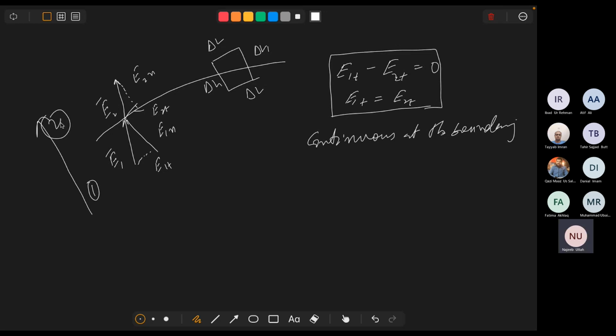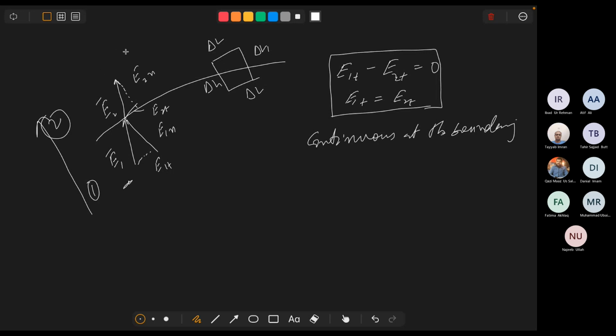But if it's being produced by a surface charge density, then shouldn't it point upwards in medium 2 and downwards in medium 1? Why so? If there are charges on the surface, what we are considering is that there is an electric field here and it is passing through.